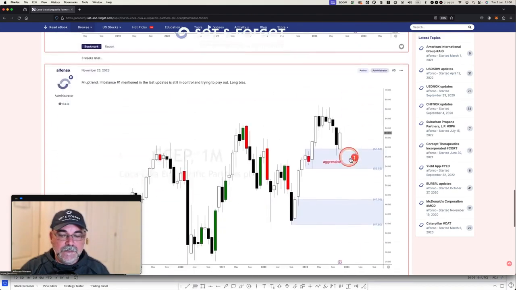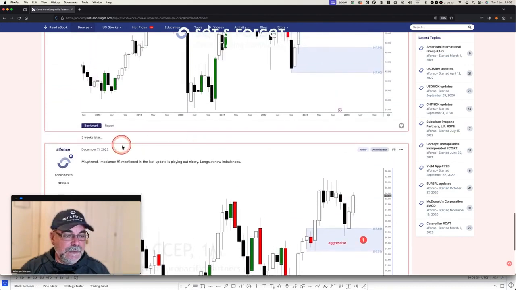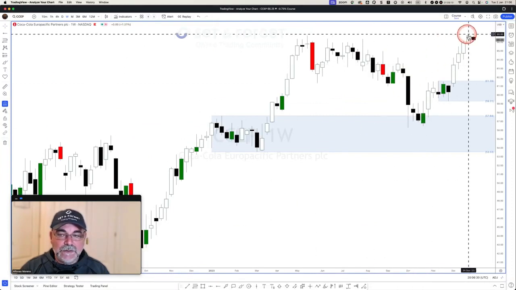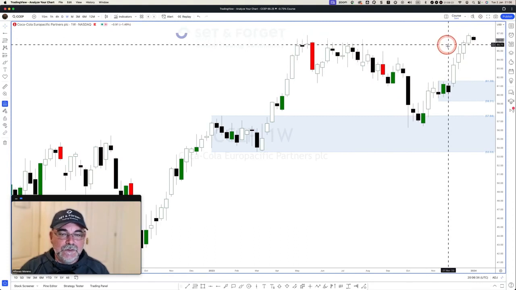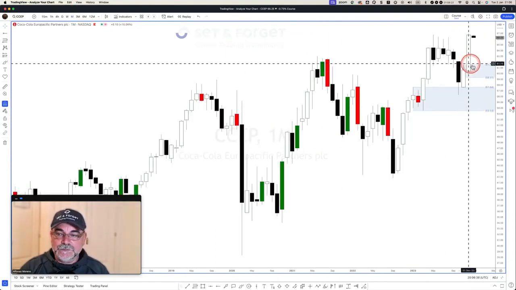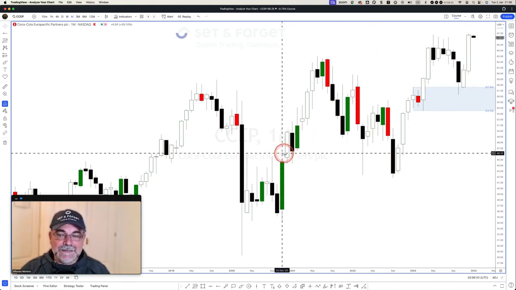It did pull back, it's rallying, it's trying to rally, and this was updated around December 11th. Okay, so it already broke all-time highs last week before the end of 2023, and I will update it soon. Okay, so this is the power of supply and demand.